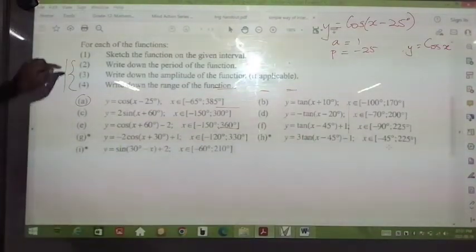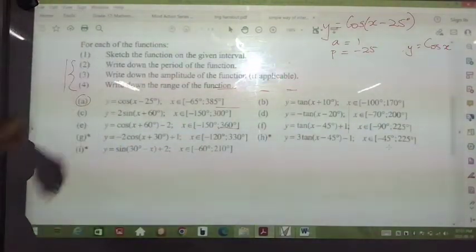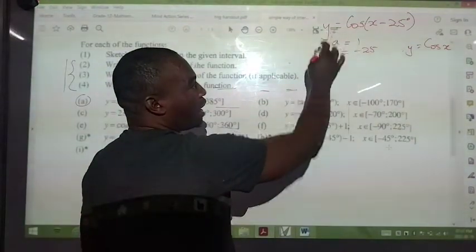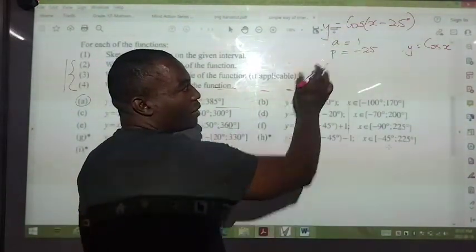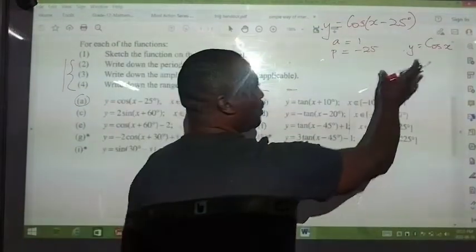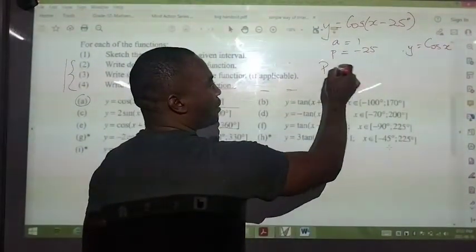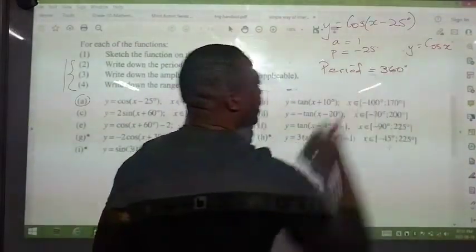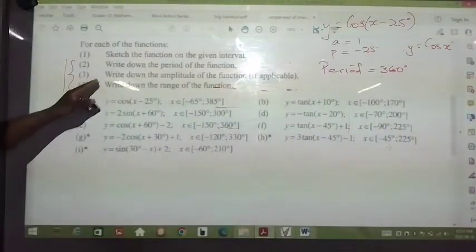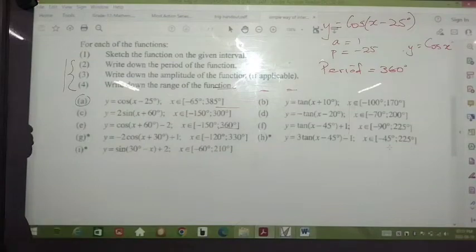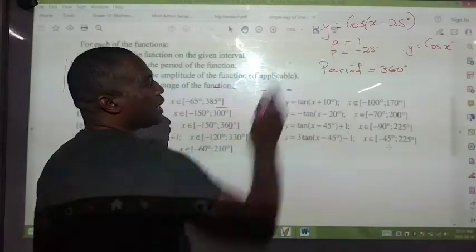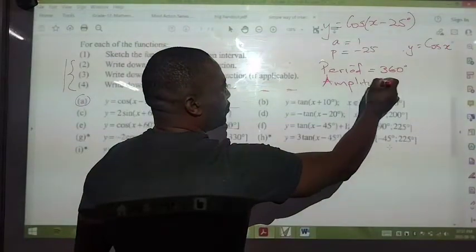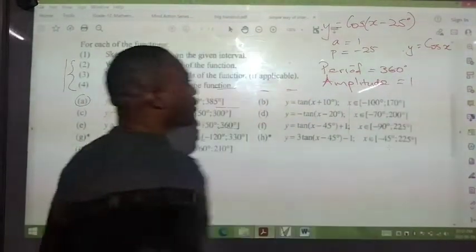So in answering question number 2, write down the period. The period is not affected by any of this, so we take the period of the basic graph, which is 360 degrees. The amplitude, we have already said A determines the amplitude, so the amplitude is equal to 1.